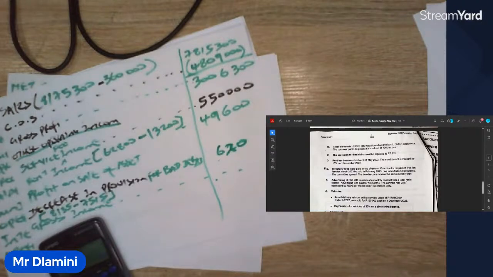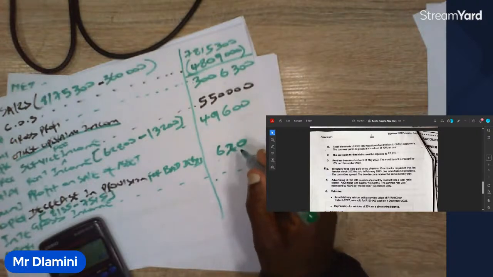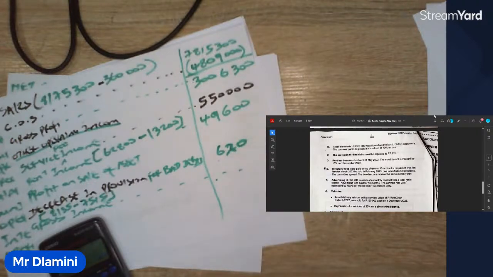And then there's also an asset, right? Not sure whether it's something we can do, but we can do this one. That is basically the provision in the grade 12 syllabus that you can do.